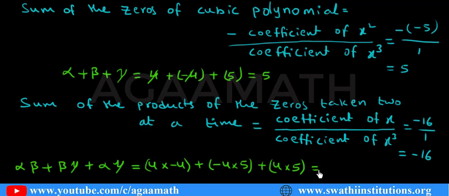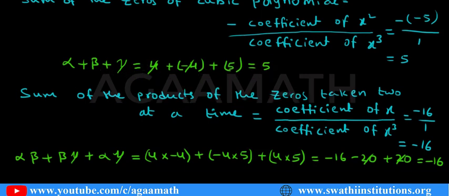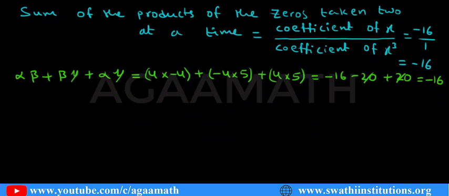So if you check that, 4 into minus 4 is minus 16, minus 20, plus 20. So see here, minus 20 plus 20 cancel, so we get minus 16, right? So even with the coefficients and even with the zeros when we verified, it's got same. So this got verified.